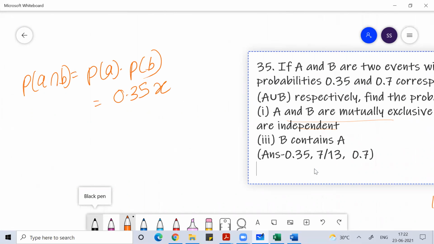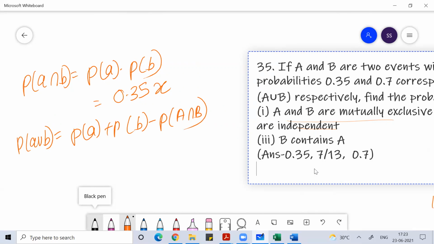Probability of B is not given, let probability of B be equal to X. You know that probability of A union B is probability of A plus probability of B minus probability of A intersection B, here when A and B are independent.